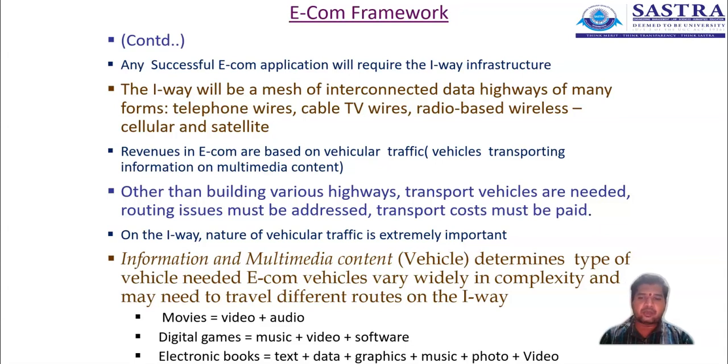Vehicles vary widely in complexity and may need to travel different routes on the highway. For example, movies equal video plus audio, digital games, music plus video plus software. Electronic books mean text plus data plus graphics plus music plus photo plus video. All these combinations we call multimedia content.